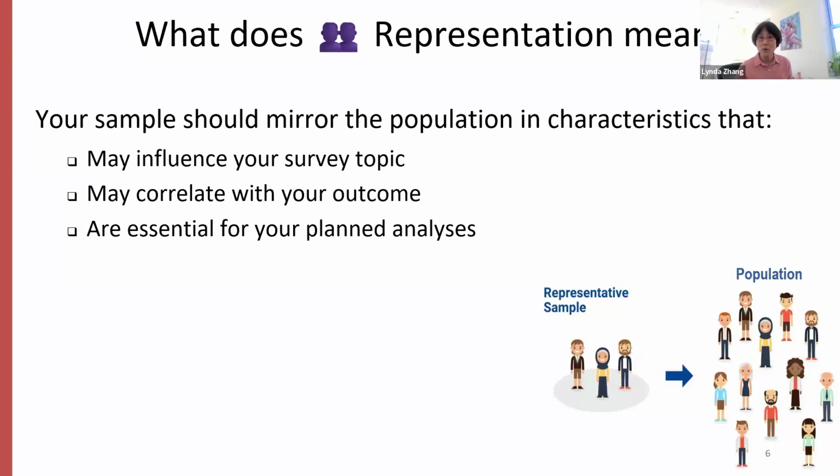For example, if you're surveying all staff about their experiences with Harvard IT services, it's essential to include respondents from each department or school, because their technology needs and usage may differ. Also consider characteristics that influence your findings, such as whether they are staff or faculty or student, or have different technical expertise. Today we'll use mostly IT examples, but if you're not from IT, you can think about your own examples.